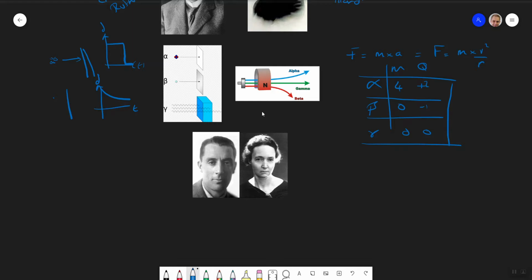There was this common beta, the beta minus particle, which did this trick, but there was an identical particle that went the other way. They found the positron.